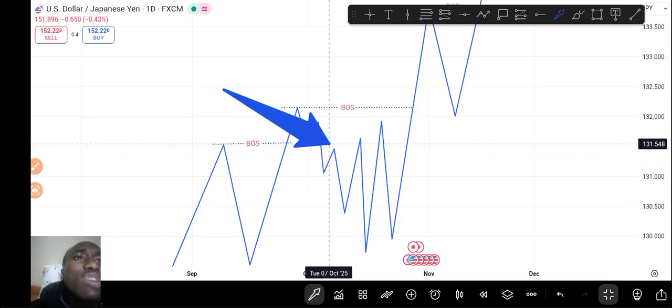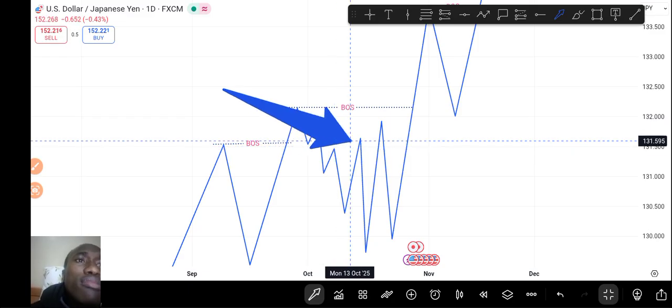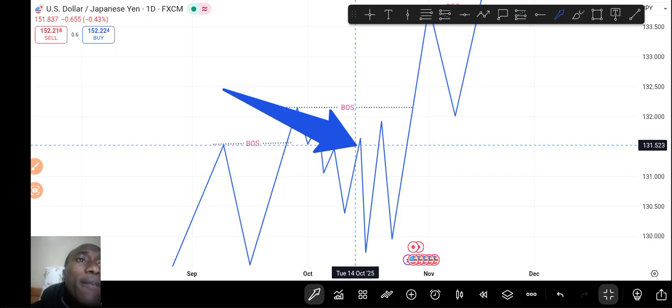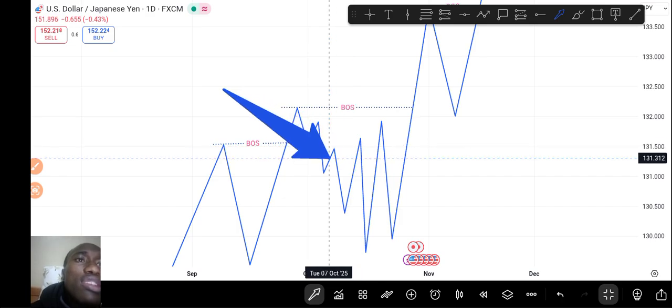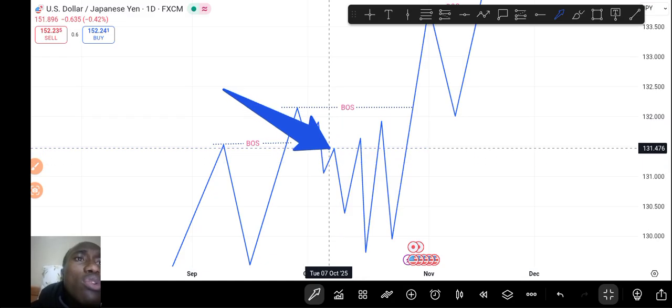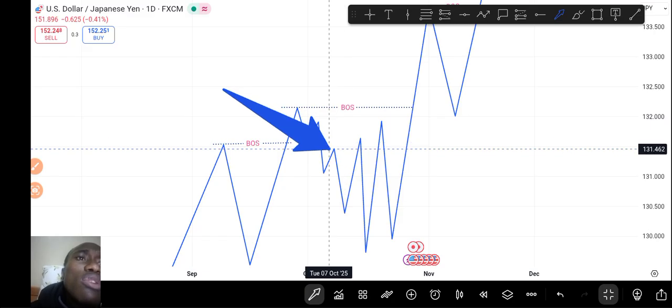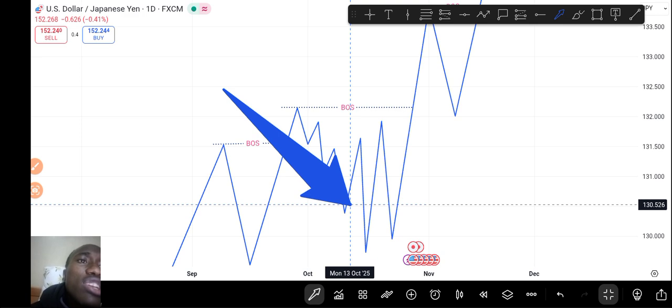At this point, the price came back up. It was forming lower lows and lower highs, and this was our last higher low, and then the price came and took this lower low, and then it went up to break structures to the downside.